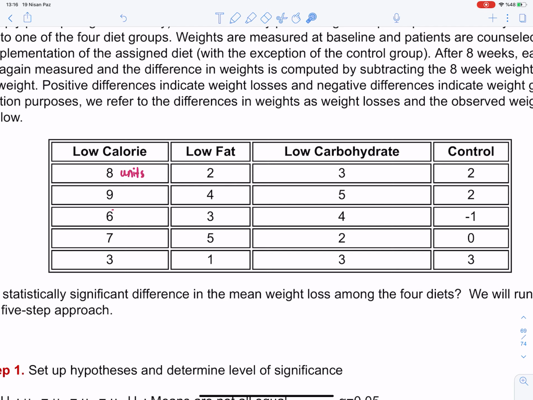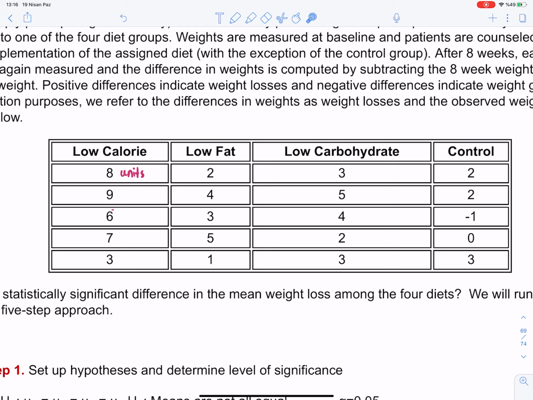It means a weight gain of 1 unit by the third person in the control group. Another person didn't put on weight or lose weight, so it is 0, no difference between the measurements of weight. And the last person has lost 3 units of weight in the control group.